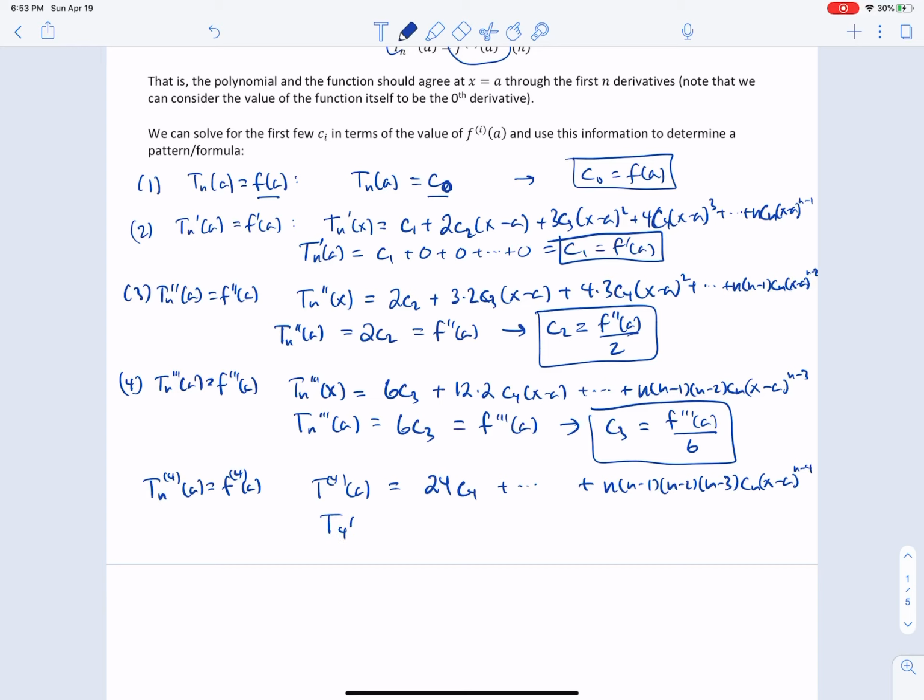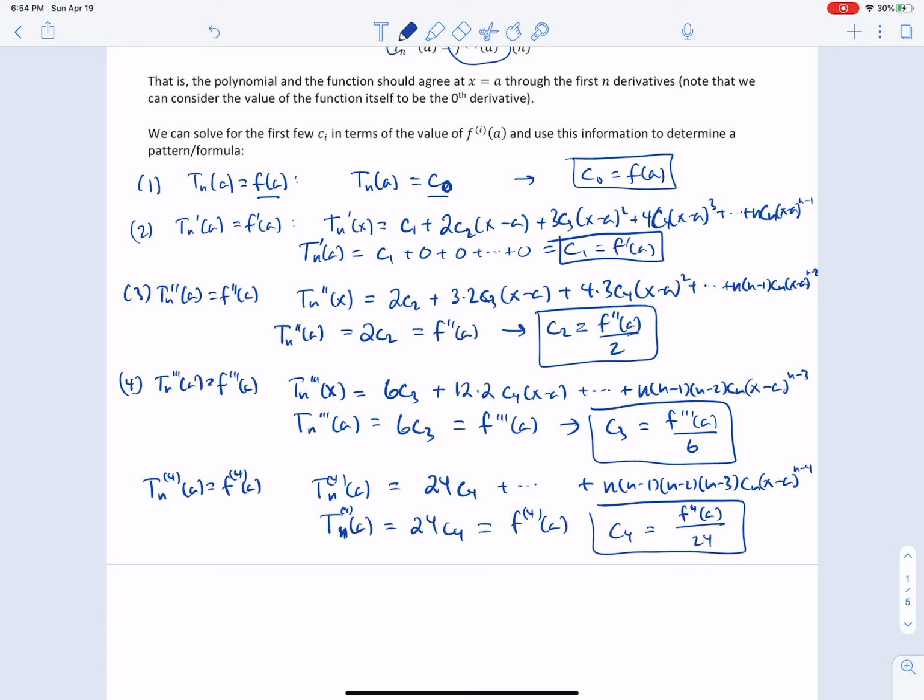So the fourth derivative of Tn at A is going to be 24C4. On the other hand, I want it to be the fourth derivative of f at A, and so I get that C4 is equal to the fourth derivative of f at A over 24.